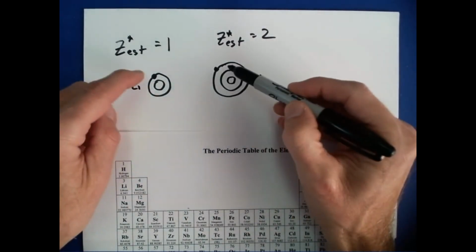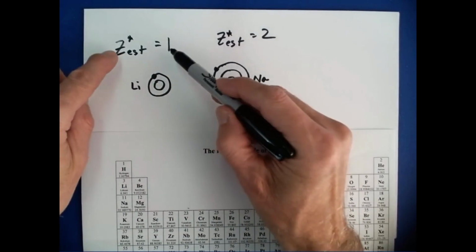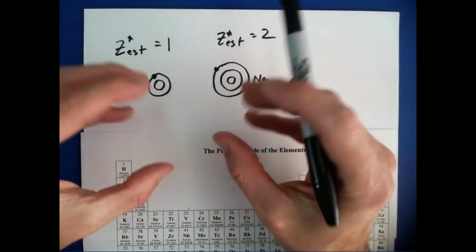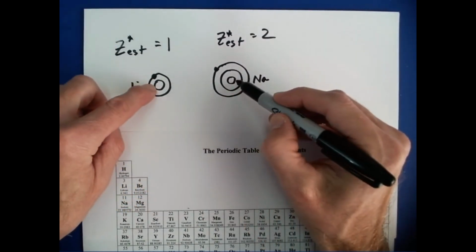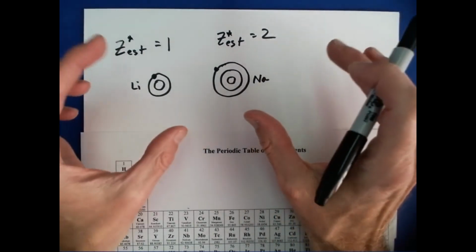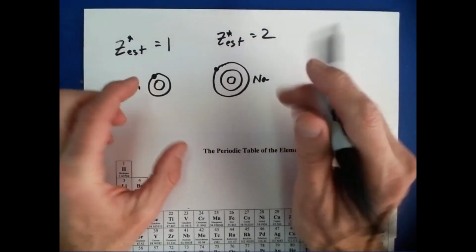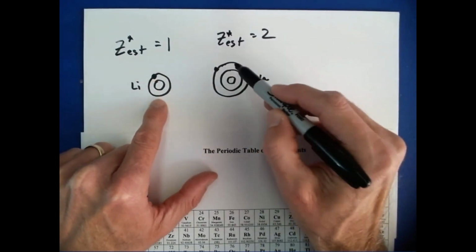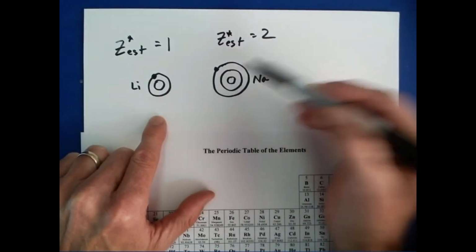Because both electrons are attracted to the nucleus with the same effective nuclear charge, that's not going to have an effect on shrinking the atomic radius, since they're both having a positive 1 attraction. But a sodium atom is going to have a larger radius because we're adding shells.